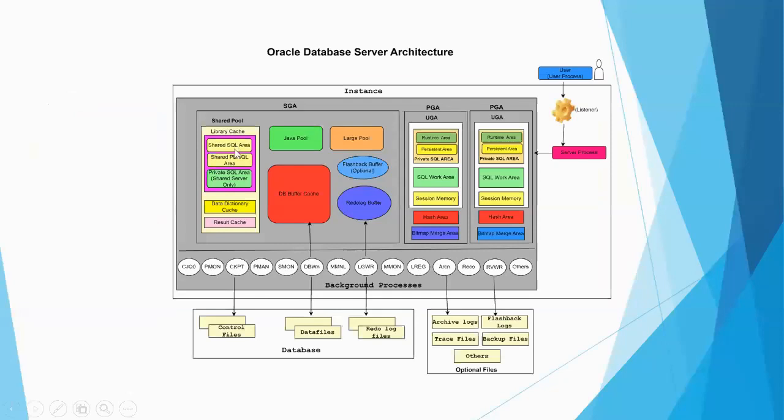Okay, so when that user has fired the query which we were just referring to, all those details like the SQL ID have been generated. That SQL ID and the SQL text will get stored into something called the shared SQL area.